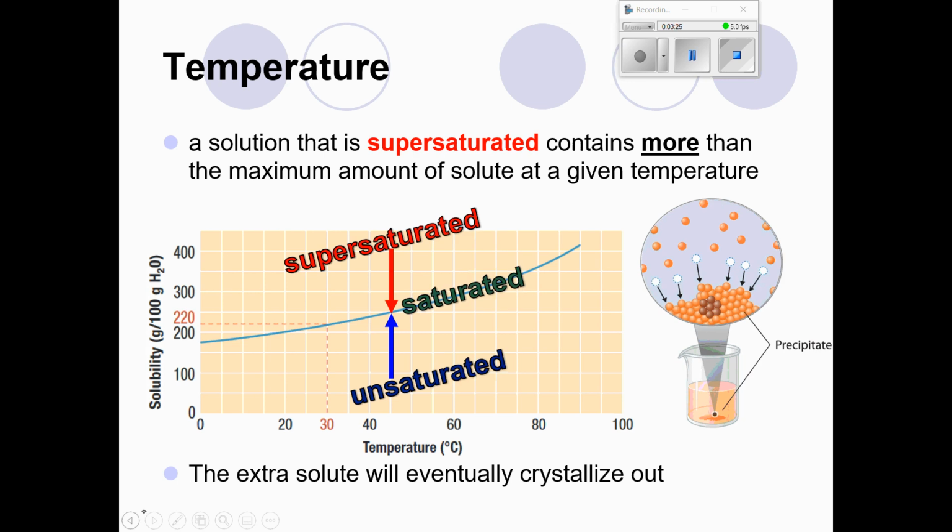Now, what can happen is you can temporarily dissolve extra solid at a given temperature, and that's called a supersaturated solution. The only thing is that eventually you can't sustain that for a longer period of time, and the extra that's above the saturation is going to precipitate. I'll look at an example in a little bit.